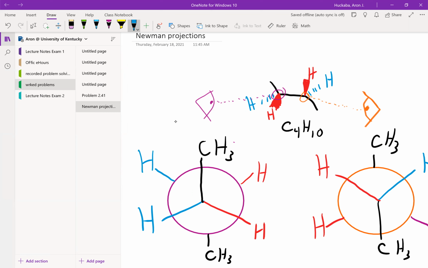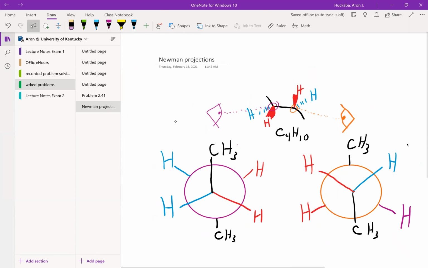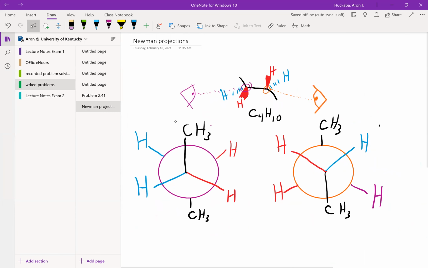That's because in looking at each of these Newman projections, you could imagine that we have rotated the molecule different directions in order to obtain a different method of viewing this molecule. I know it's hard to see in 2 dimensions, so what I've done for you is I have made a small model to hopefully illustrate this point for you.